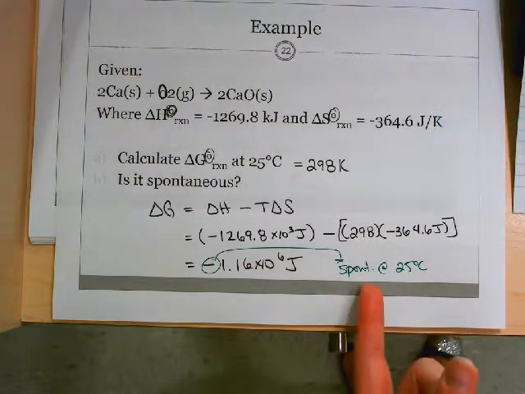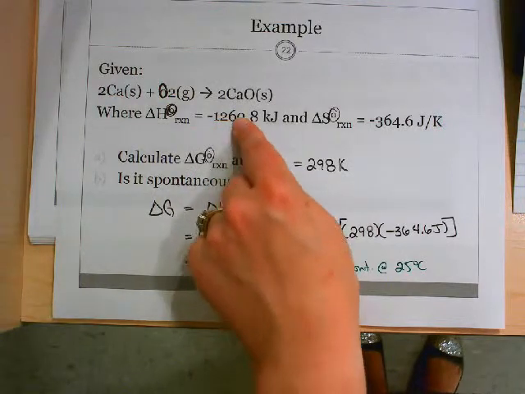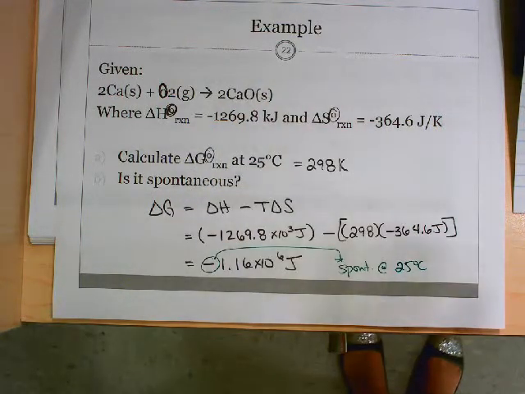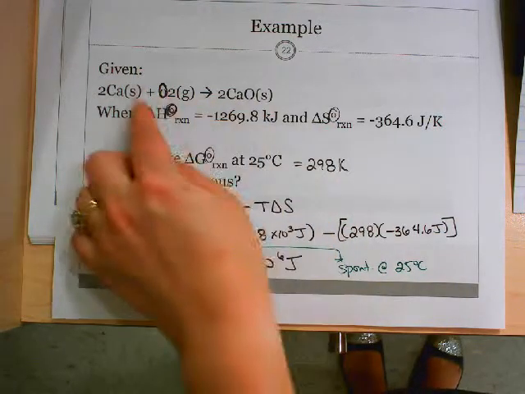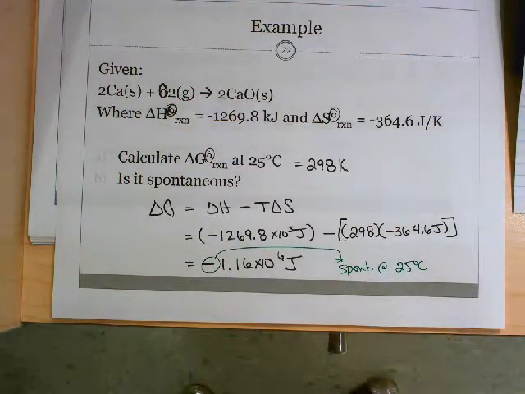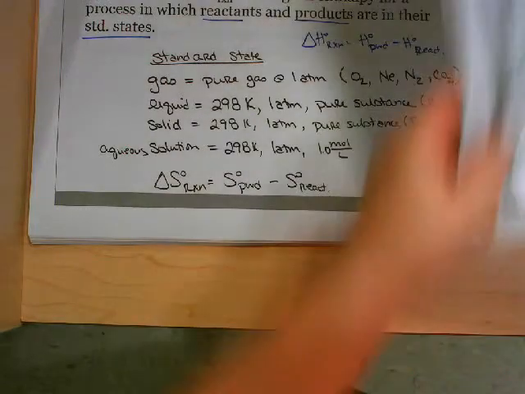But we know it's spontaneous at 25 degrees Celsius. It's because this is the net equation. In reality, there's a bunch of steps, like calcium does a little something, oxygen does something, and then overall, it doesn't matter how many steps are in the middle, because it's just final minus initial. So we use these to get through all those intermediate steps that don't affect the outcome.